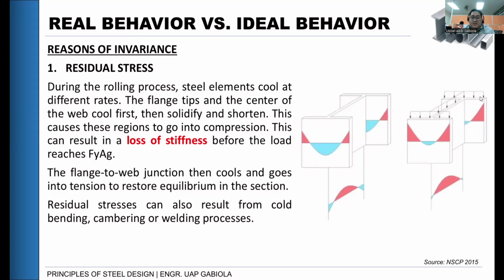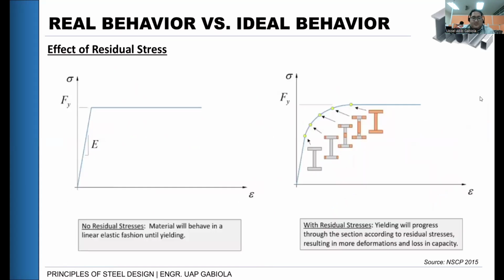And that causes loss of stiffness. So kapag nagkaroon ng loss of stiffness, nababawasan yung load carrying capacity niya. Okay? So kaya ang mapapansin natin dito, yung effect ng residual stress dun sa ideal condition natin, katulad nung discussion natin nung prelim, na yung stress natin once na nagkakaroon tayo ng strain is linear yung behavior niya.